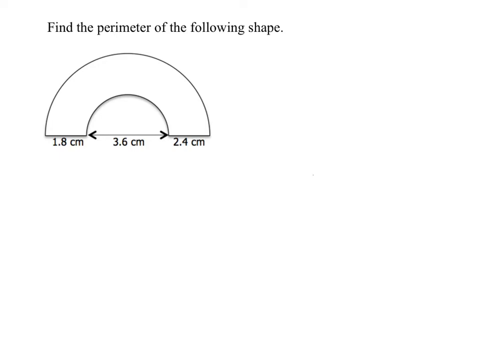The formula is the same as always: circumference equals diameter times pi. We already know the diameter is 3.6 multiplied by 3.14.